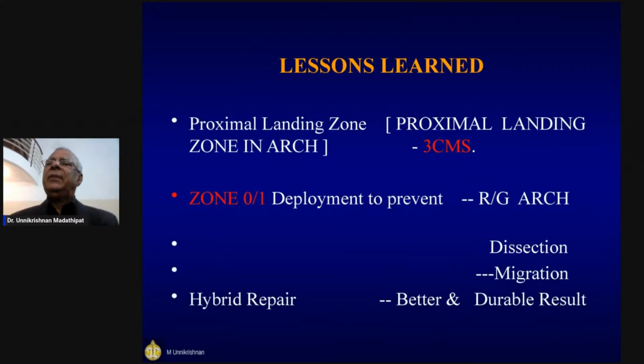Now, the lessons that I have personally learned: it's not enough to go 2 centimeters, it is to go 3 centimeters, because unlike a surgical graft which we stitch, here we are not stitching. Just by axial force it remains stuck to the aortic wall, which has to be normal.